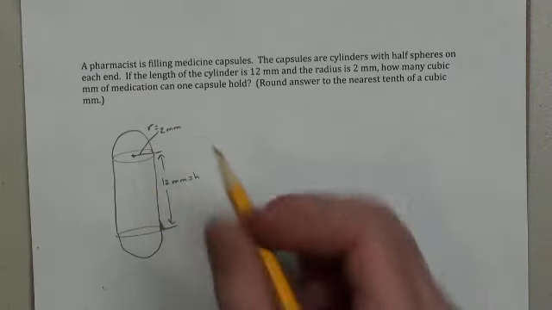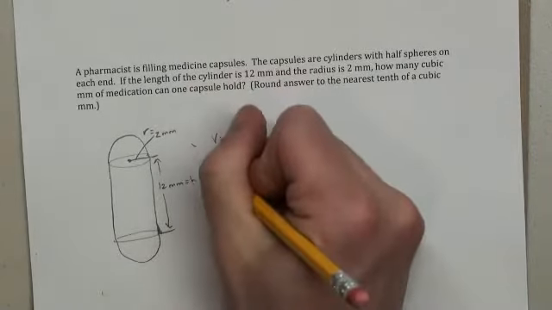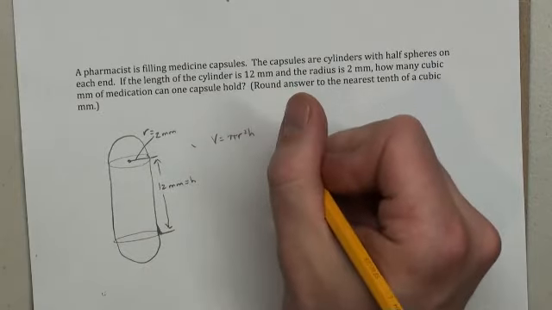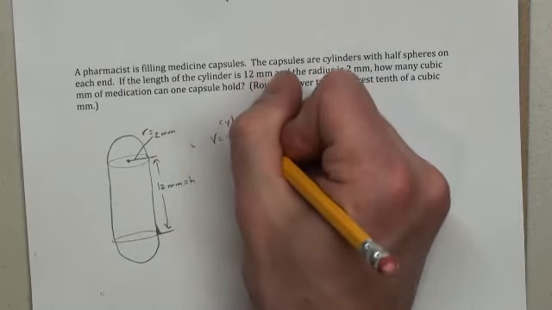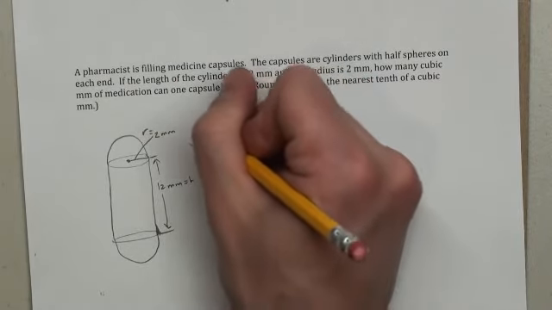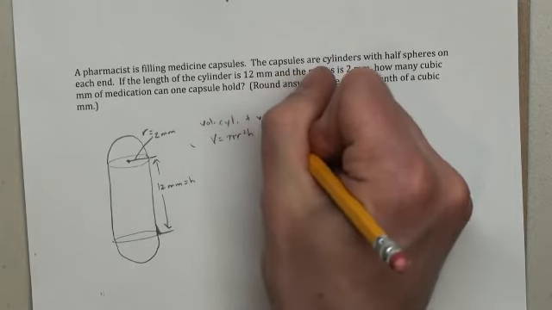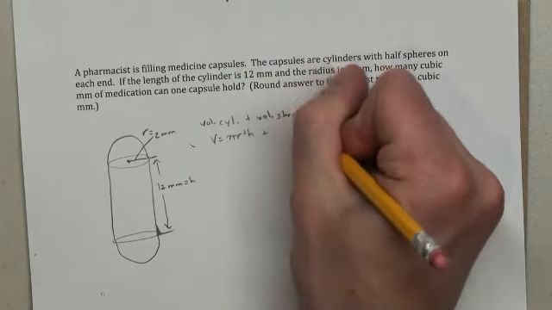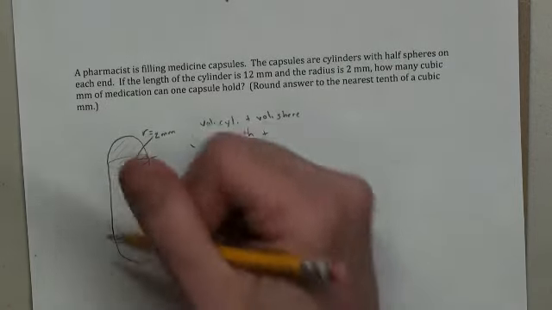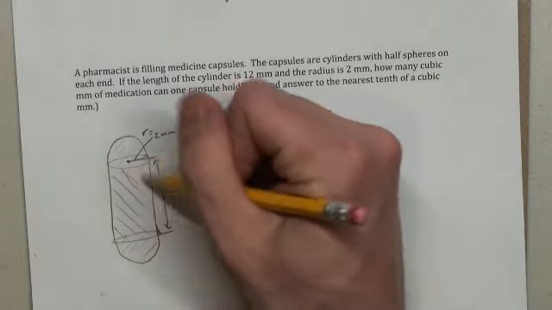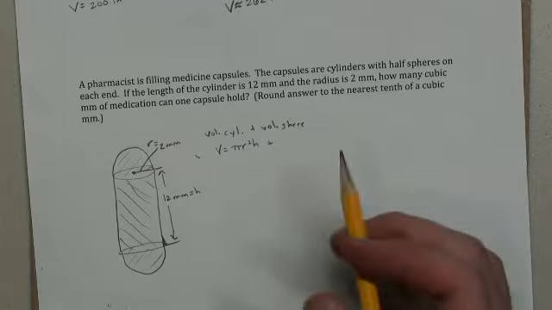So what we have is a cylinder, so the volume equals pi r squared h plus, so wait, we have the volume of the cylinder plus the volume of a sphere, right? Because we have two halves, and two half spheres make a whole sphere.